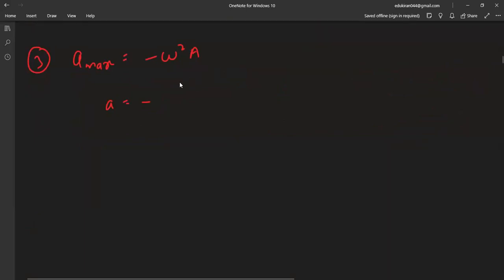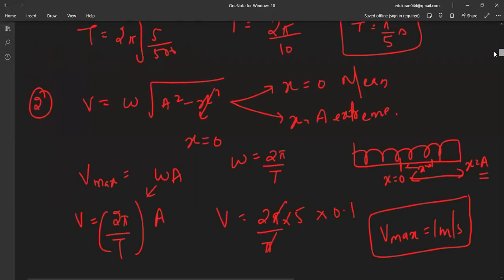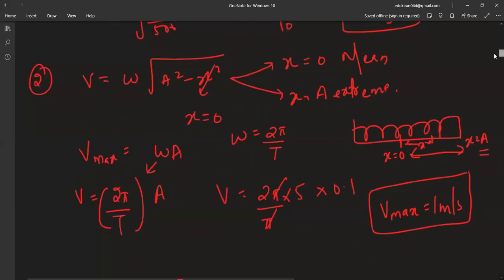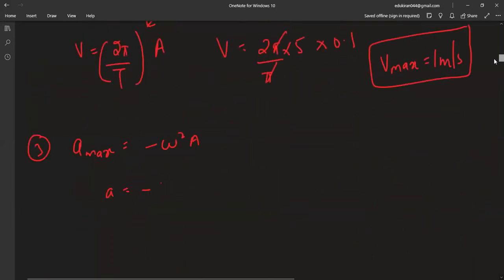So omega square, omega is how much? Time period is pi by 5, so pi by 5 will go up. Omega is 2 pi by time period.